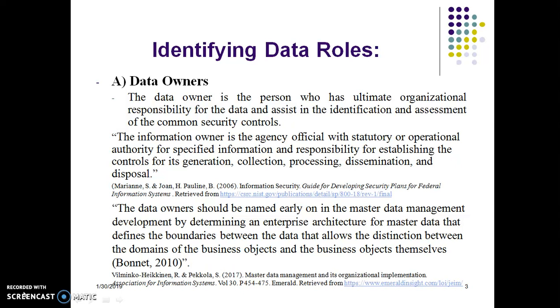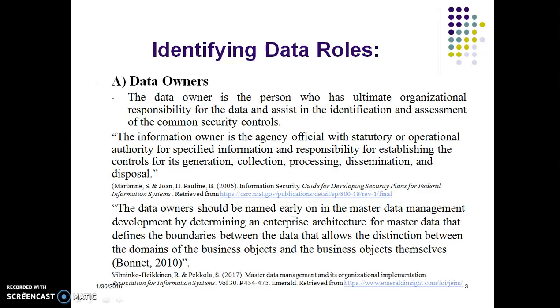The data owner is the person who has ultimate organizational responsibility for the data and assists in the identification and assessment of the common security controls. The information owner is the agency official with statutory or operational authority for specified information and responsibility for establishing the controls for its generation, collection, processing, dissemination, and disposal.